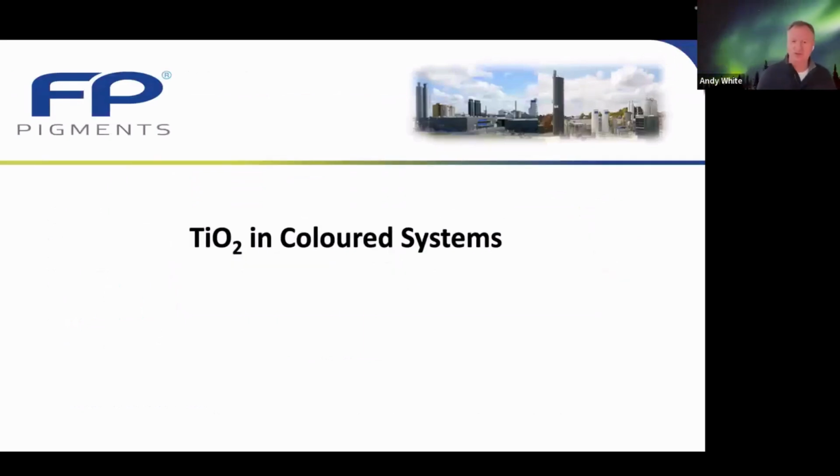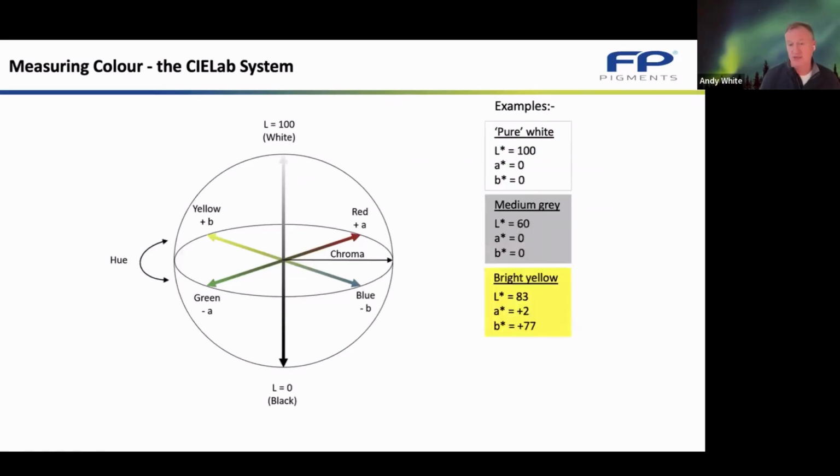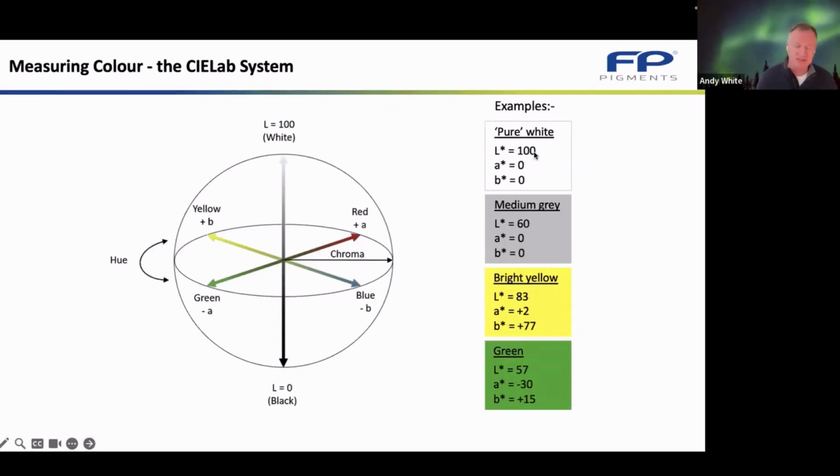Cracking on now, just towards the end, I know I'm running out of time. Some of the other properties of TiO2, you'll all be aware of color and measuring color using the CIELAB system, you know, L, A, and B. Titanium dioxide isn't quite pure white. When you buy titanium dioxide, it's around about 98 or 99 L value with an A value of something like 0.4 and a B value of 1, depending on whether it's chloride or sulfate.